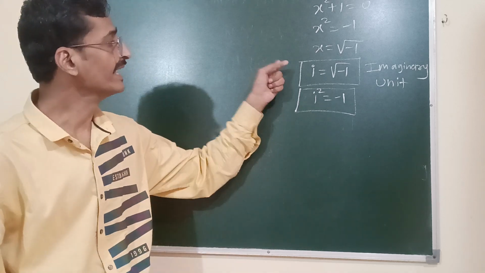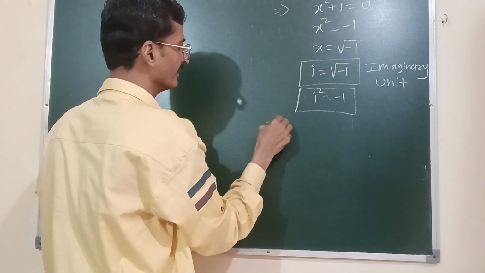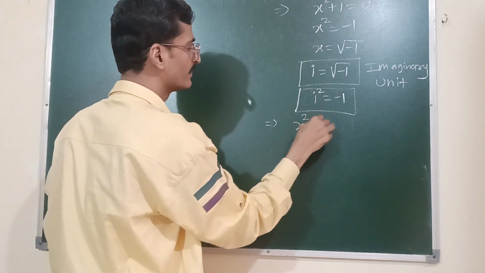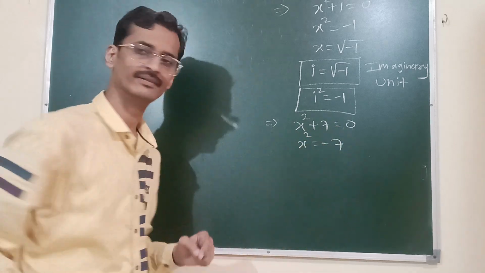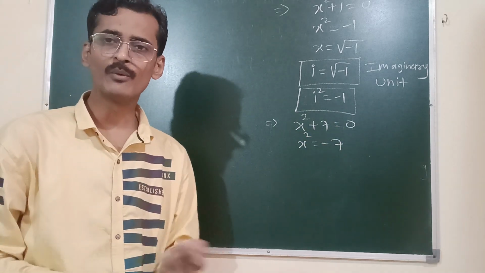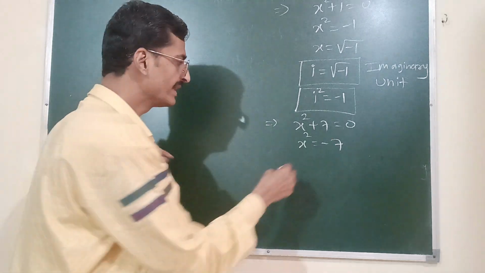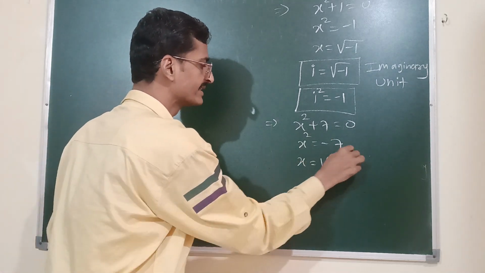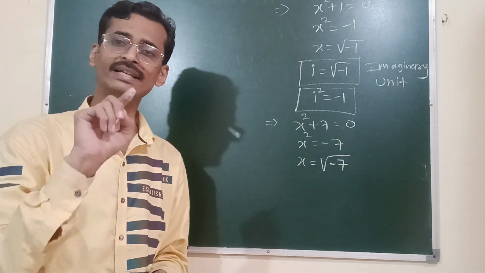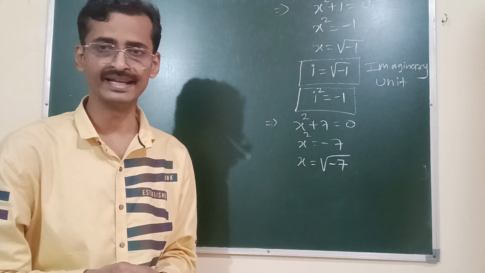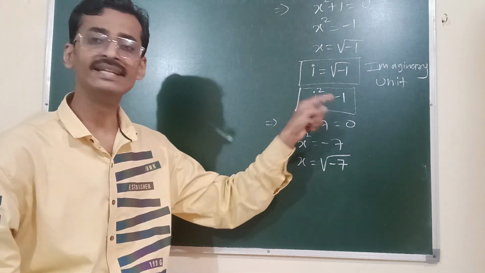Now suppose x square plus 7 is 0, that means x square is minus 7. How can we write x? Taking the square root, x is root of minus 7. If a negative number is under the root, we can write it in terms of i.